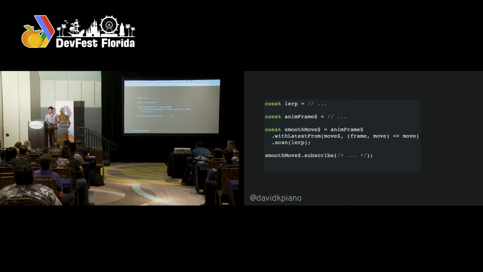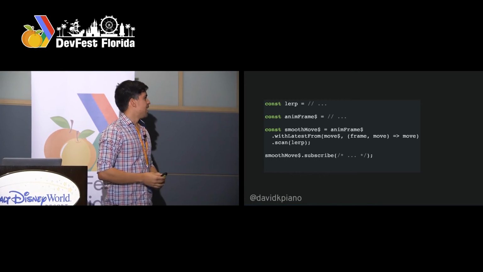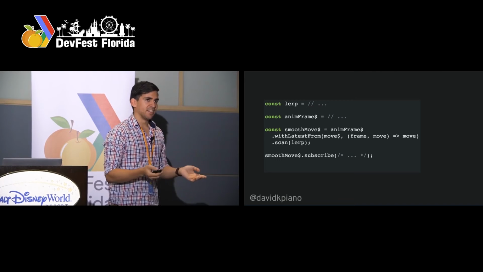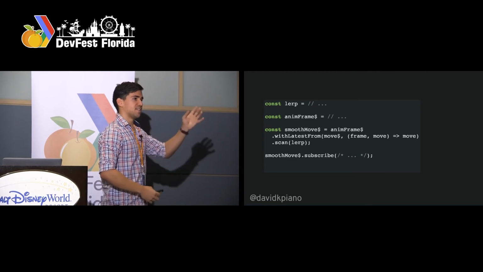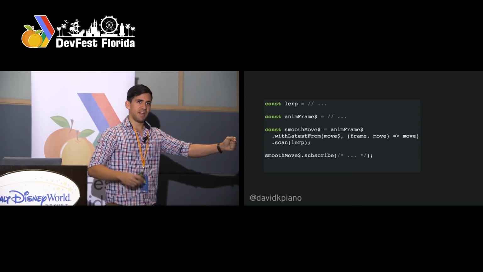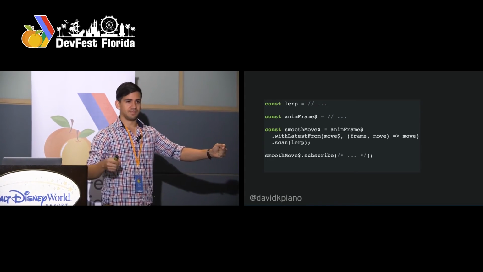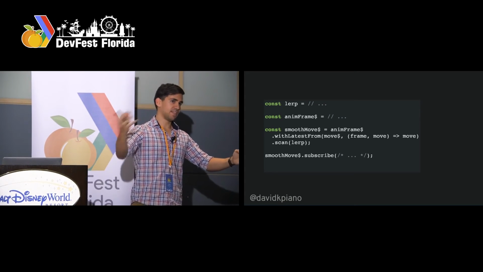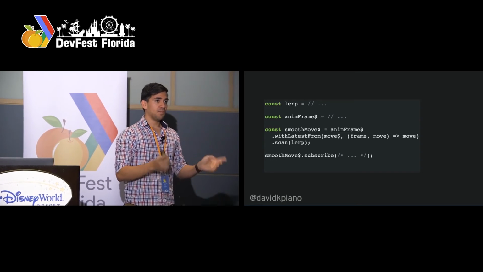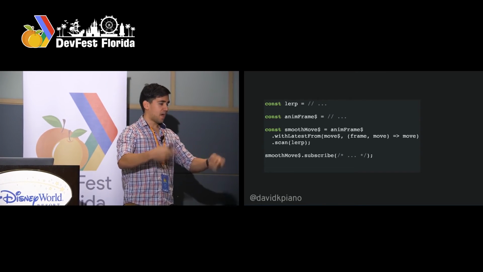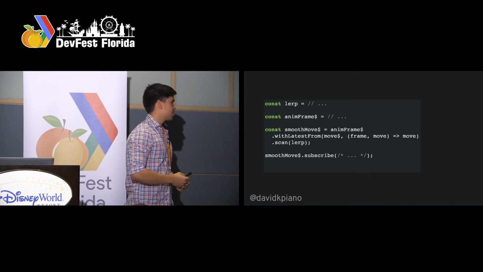So anyway, I'm going to use this lerp function, and I'm going to use scan in order to update my values. So remember, what scan does is it takes the original state, and then it takes whatever actions are emitted, which are our mouse moves, and it updates the state based on those actions.